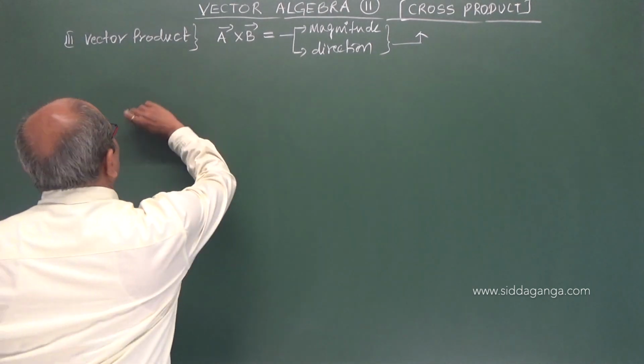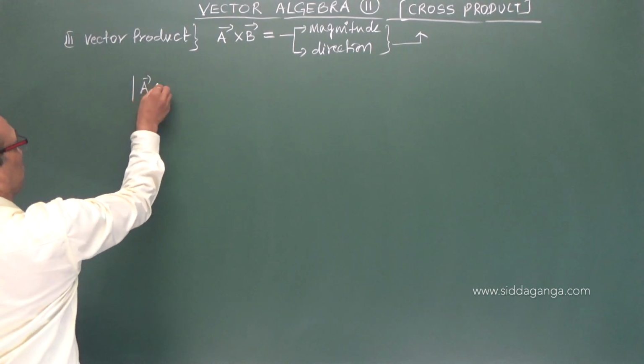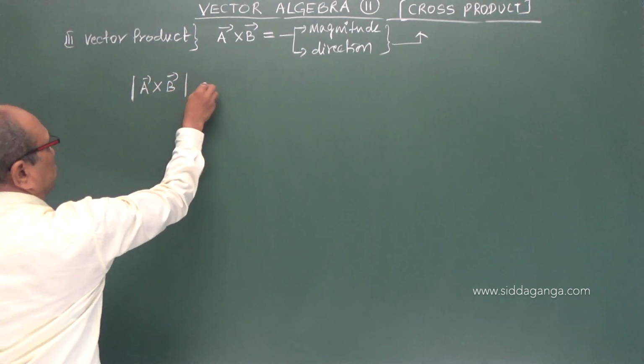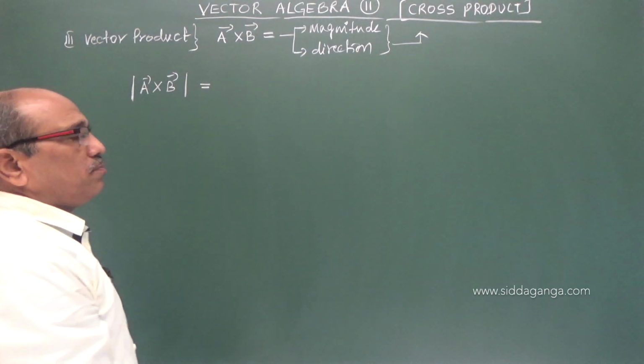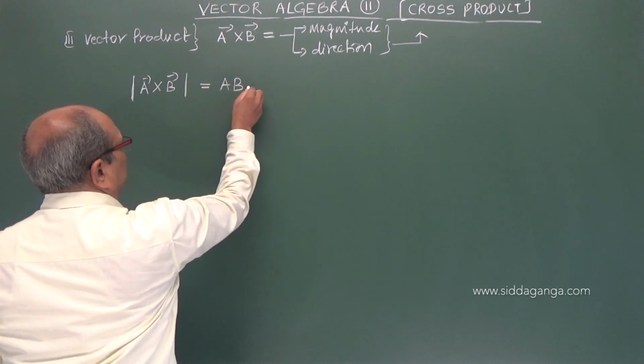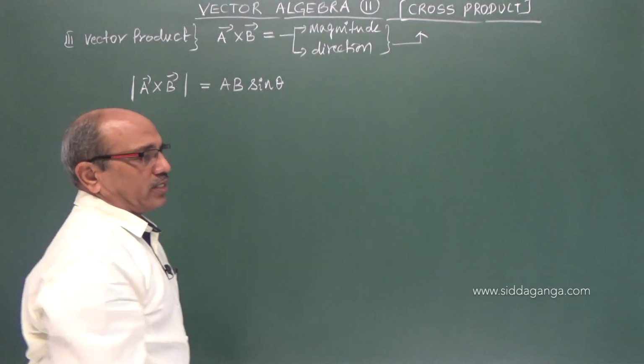So the magnitude of A cross B, as I told you in vector algebra, modulus applied only gives you the magnitude of A cross B. It is the product of the magnitudes of the two vectors into the sine of the angle between the two vectors.